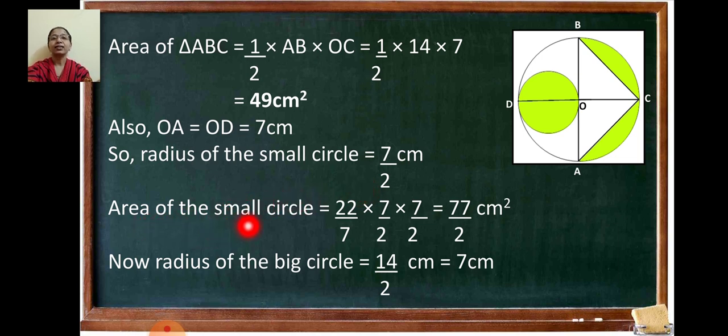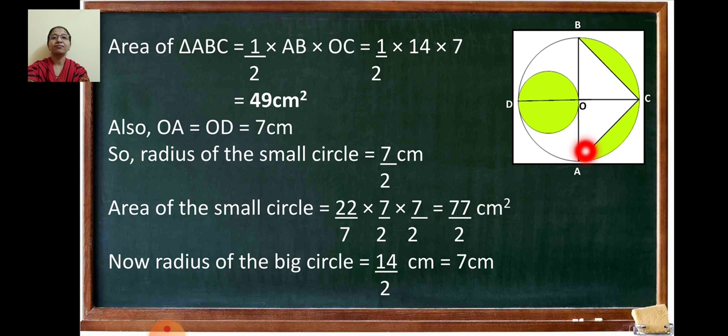Therefore the area of that small circle, pi r square. So 22 upon 7 into r is 7 upon 2, so 7 upon 2 into 7 upon 2. Simplify this. You will get answer as 77 upon 2 centimeter square. This is the area of this green color circle. Now next what we have to find out? We will find out the area of this bigger semicircle.